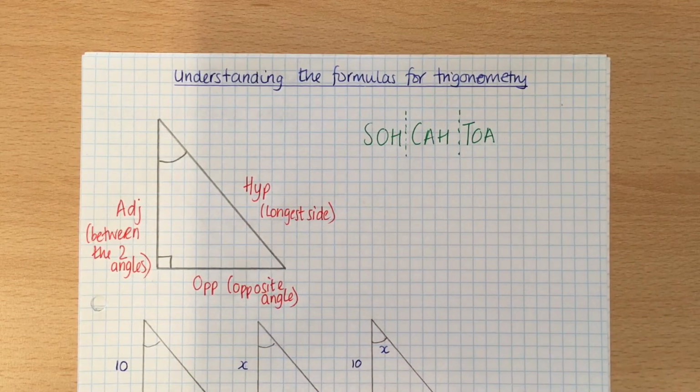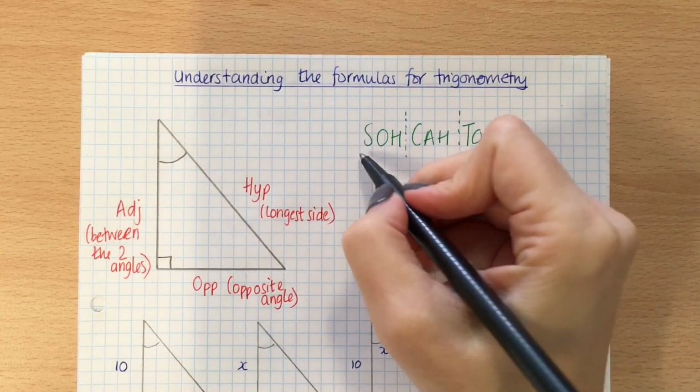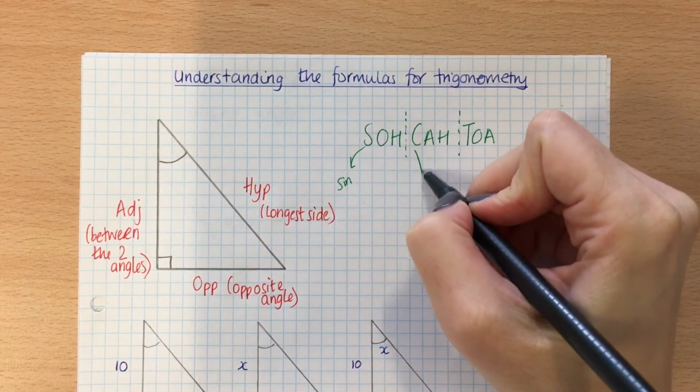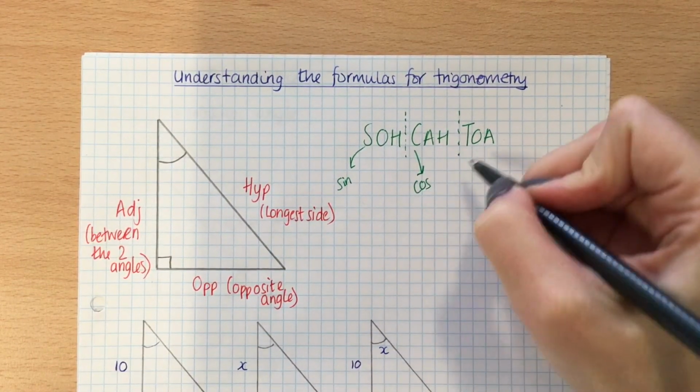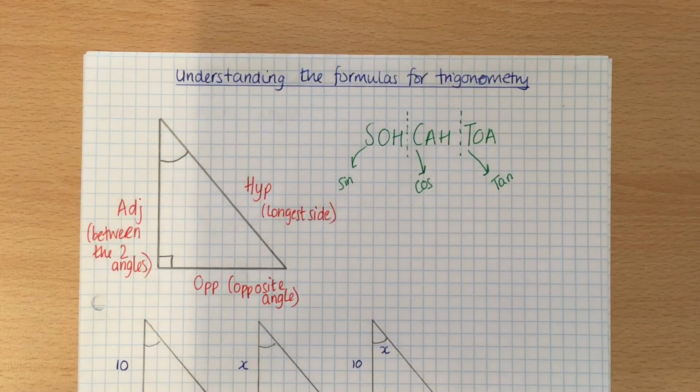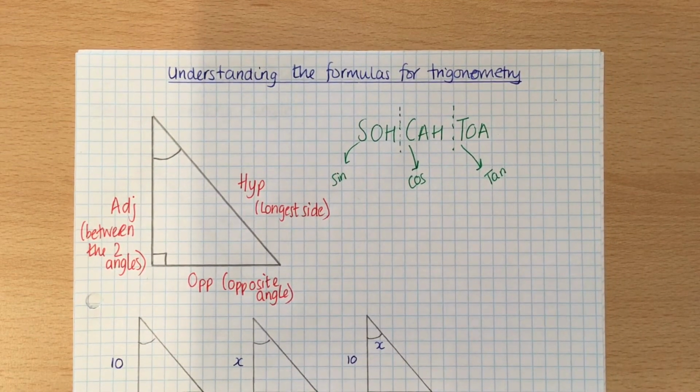Let me go through what these mean. S represents sine, C represents cos, and T represents tan. These are all functions on your calculator. They represent graphs, but your calculator tells you the answer from the graph without having the graph there. It's just a function on your calculator that will tell you the answer.